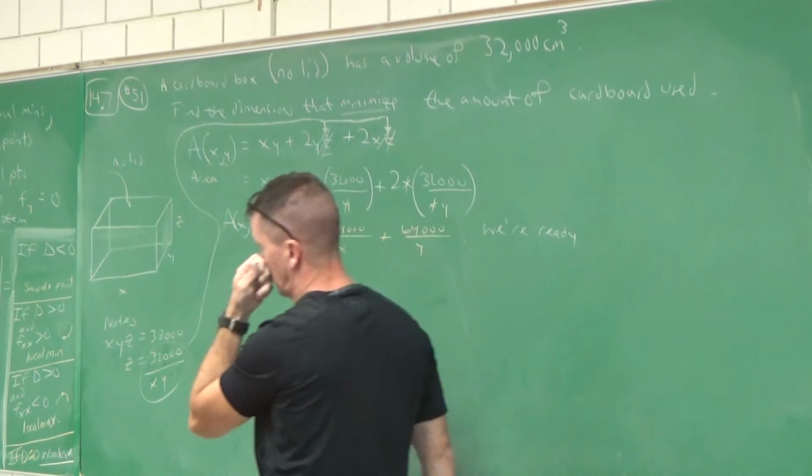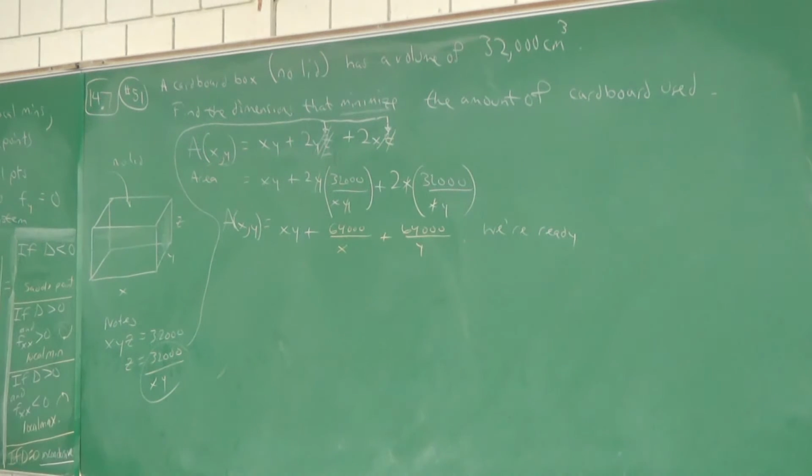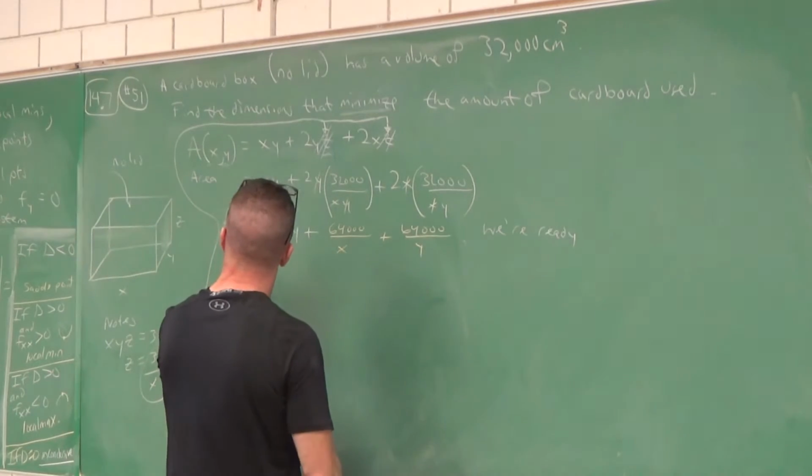We're ready to start step 1. Get A sub x, the first derivative with respect to x, get the first derivative with respect to y, and find the critical points. And then we'll talk about whether or not we have to do more, since we're trying to optimize the scenario here. What's the first derivative with respect to x?